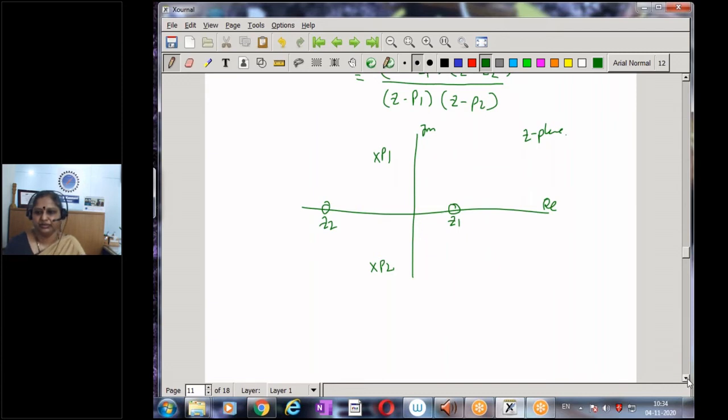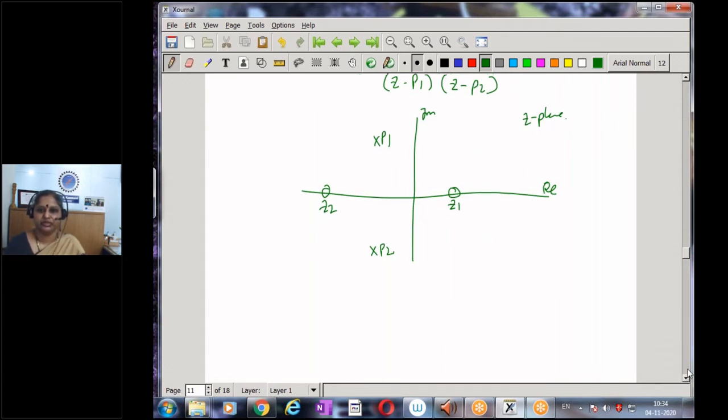In general, we will look into the proof of this later on by taking certain examples. In general, the stability of the system can be obtained by looking into the pole zero plot. So let me draw a unit circle on the z plane.